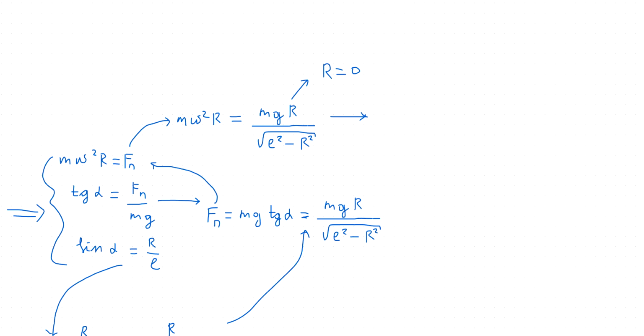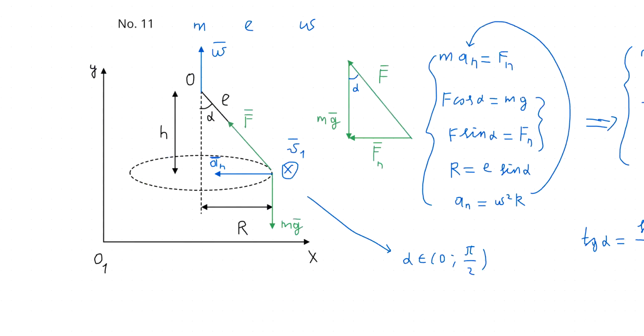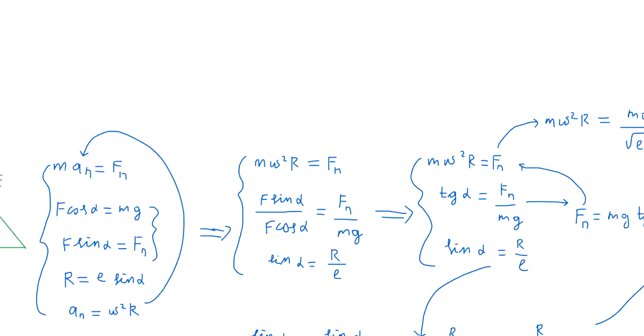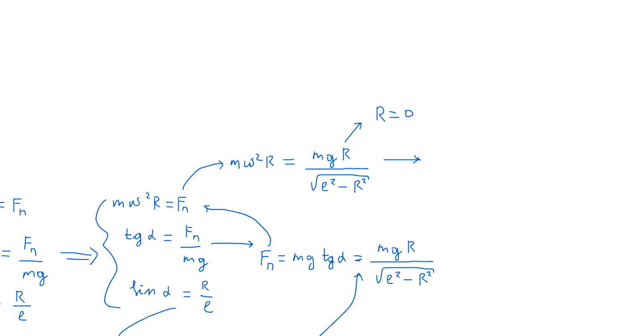It doesn't make any sense because according to the condition, we have motion along a circle, and a circle with a radius equal to 0 doesn't make sense. So r is not equal to 0, and we can divide the left and right sides by r.